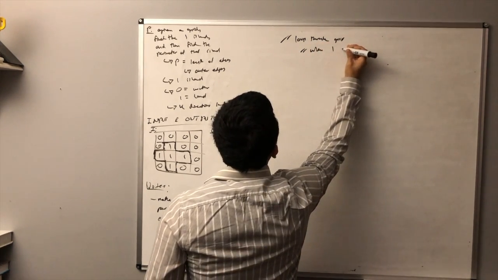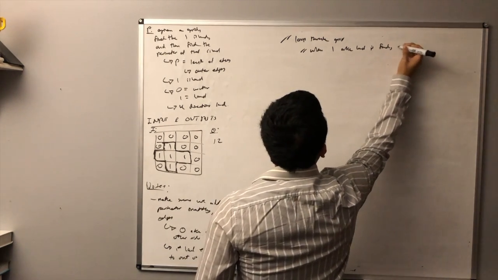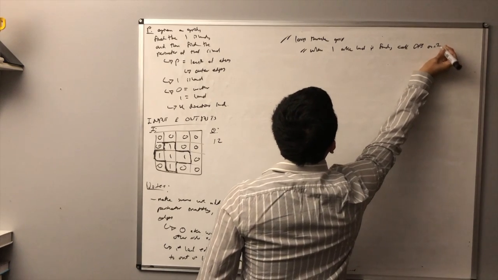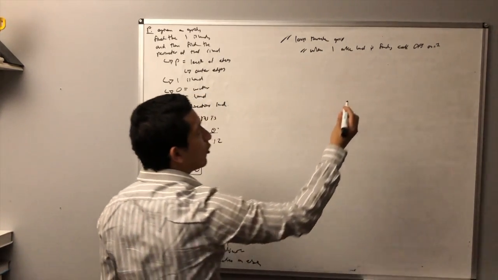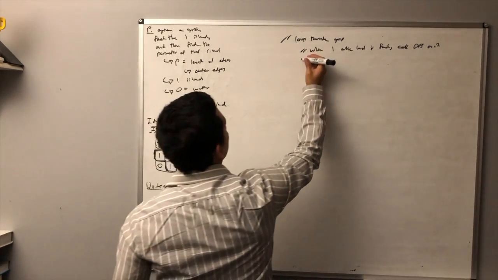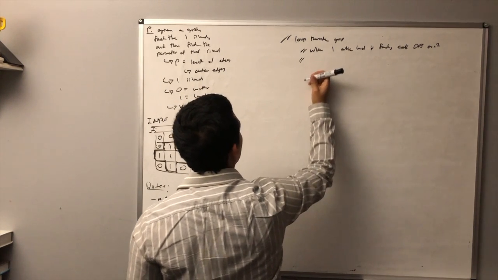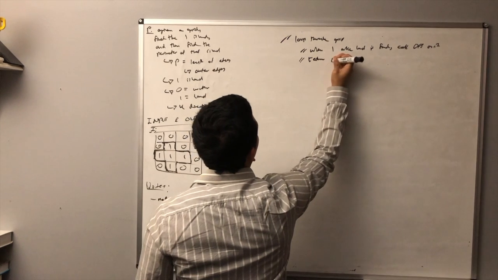When a 1, aka land, is found, call DFS on it. And then at the end, after that first search is called, we want to break early from these nested loops, so we don't get a time exceeded error. Then return the perimeter calculated.